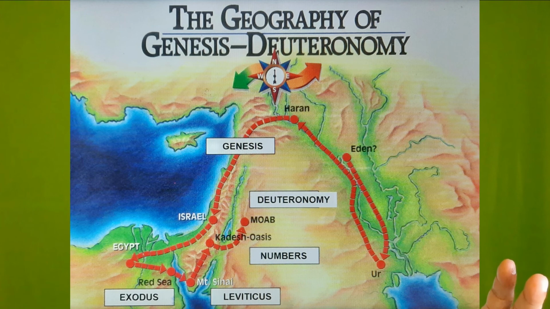Because of their unbelief, they wandered in the wilderness for 40 years. Finally, at the end, they came up to Moab. At Moab, Moses' death we read, before that he repeated the law. So five books are over.